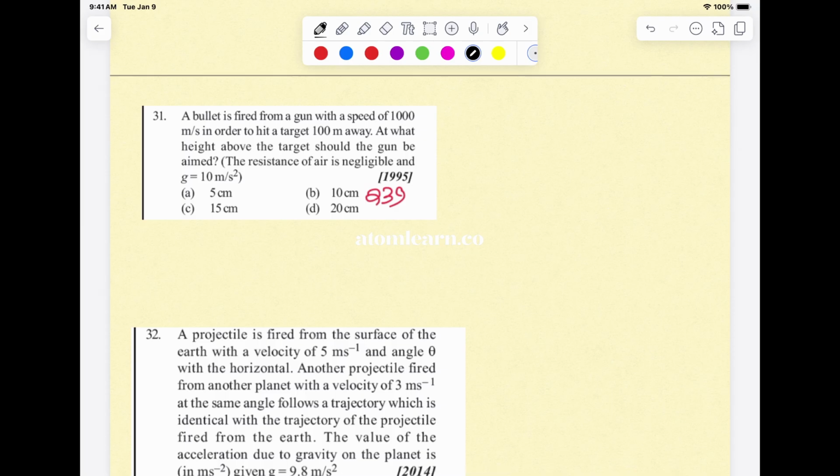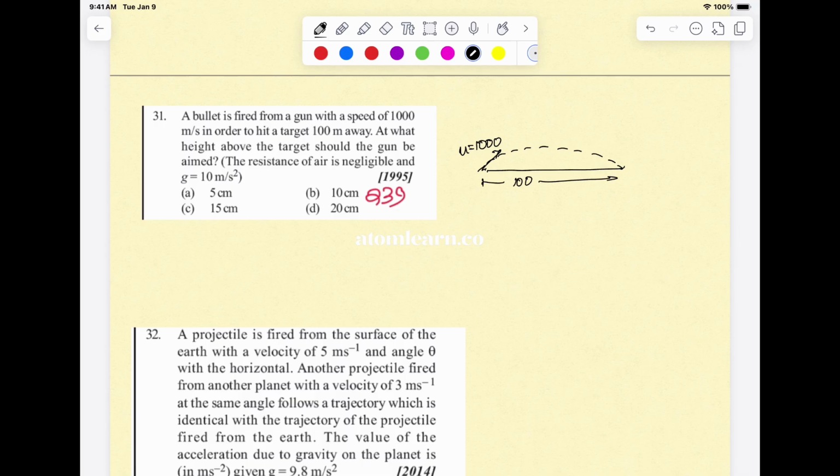A bullet is fired from a gun with a speed of 1000 meters per second in order to hit a target 100 meters away. Just draw the figure. This is the ground. The bullet is fired, this is u equals 1000, and this is a projectile which is reaching 100 meters.